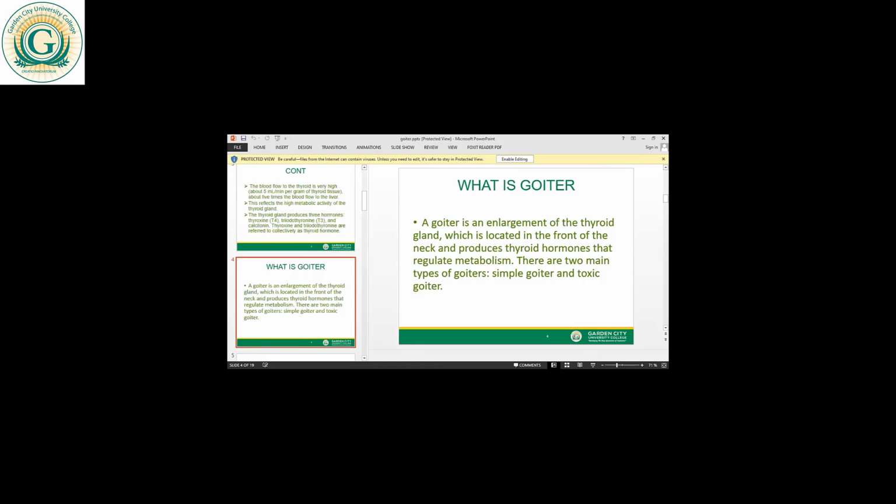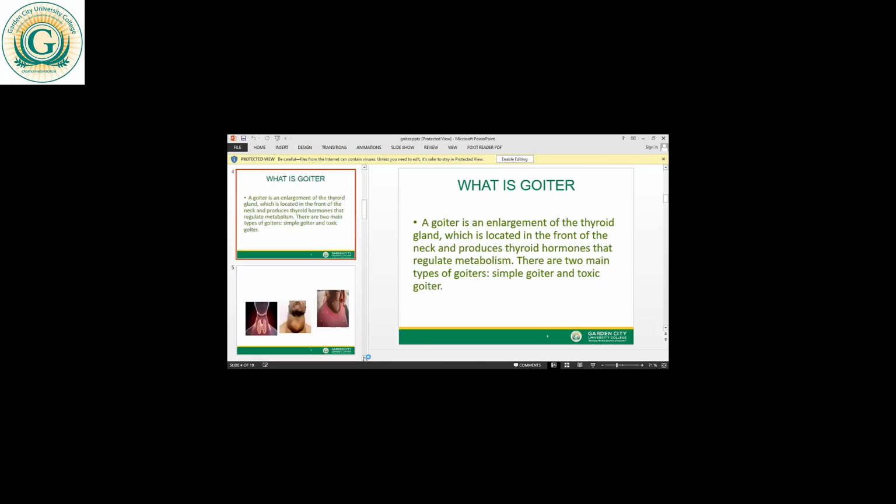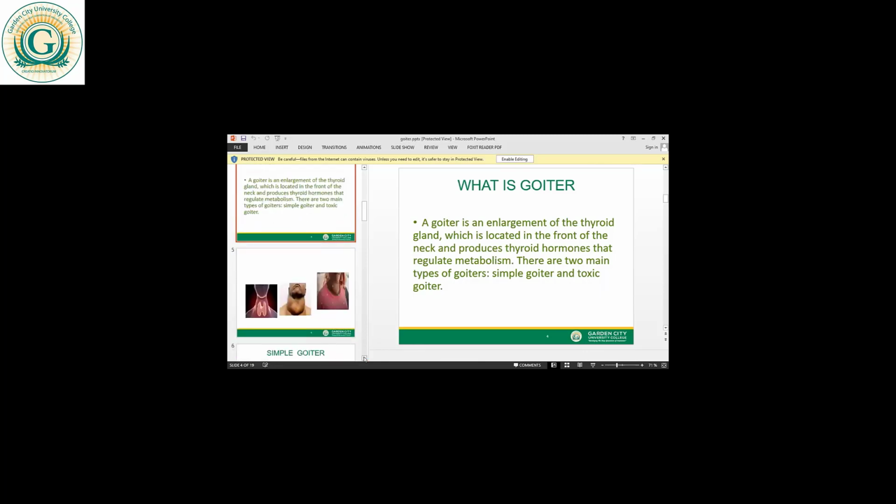And so quickly, we are now coming to tackle our main topic for the day, that is goiter. So goiter is an enlargement of the thyroid gland, which is located in front of the neck and produces thyroid hormones that regulate metabolism. There are 2 main types of goiter, that is simple and then toxic goiter.